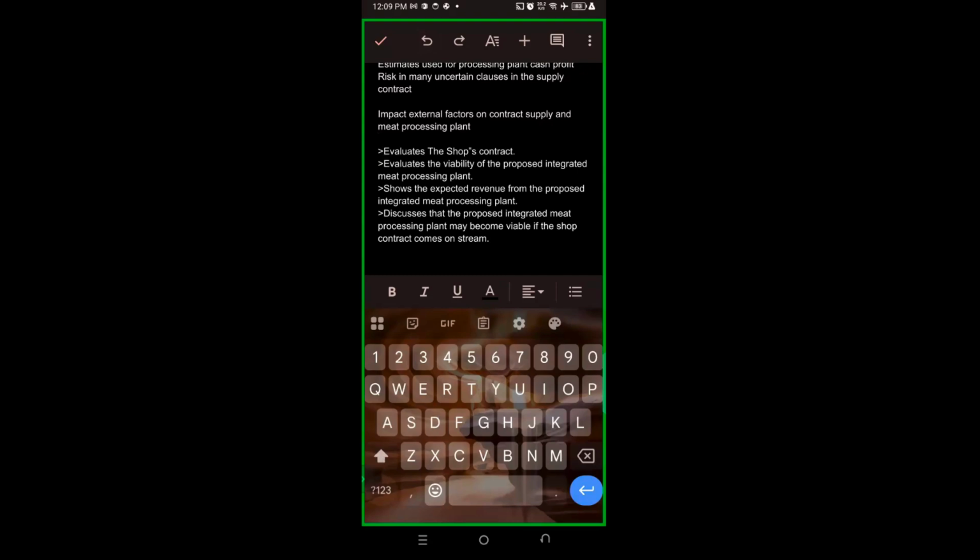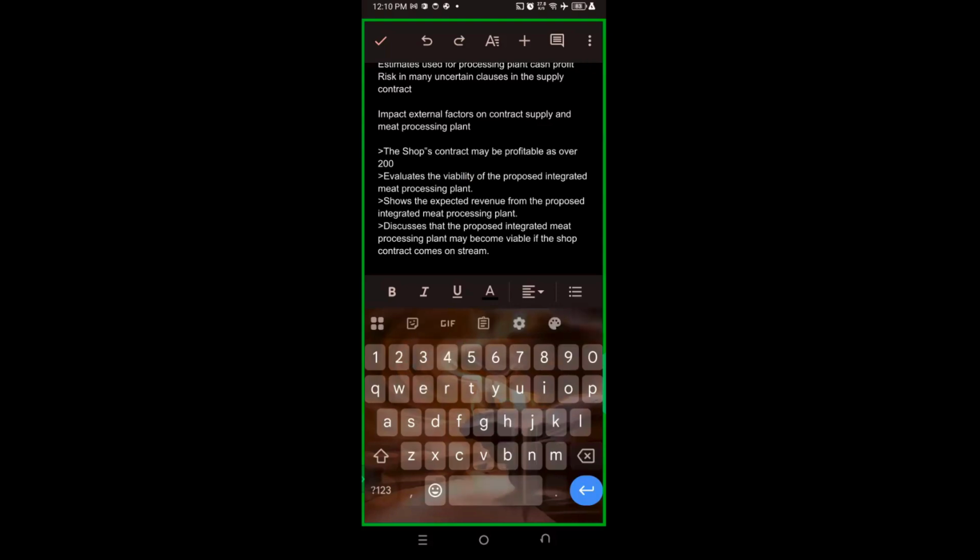So we can explain them in another angle. For instance, we can say that D-Shop's contract may be profitable, as over 200 million Nigerians will buy agricultural products.